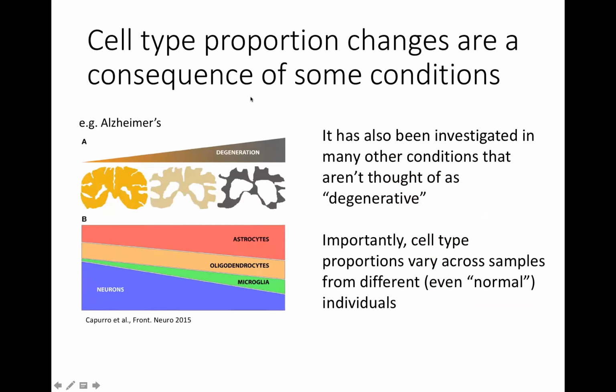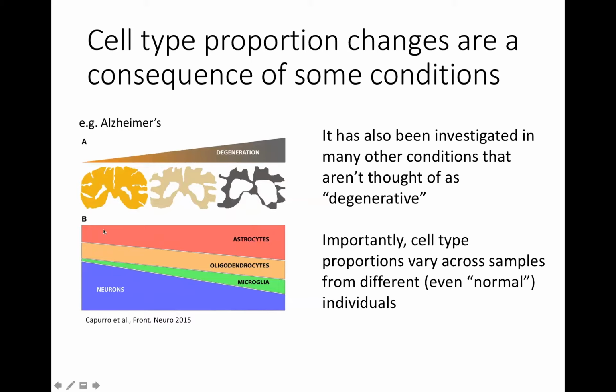And so the key thing to think about for why cell types might be interesting is, first of all, there are a few things. One of them is that cell type proportion changes are a natural consequence of some conditions that we're interested in. For example, in Alzheimer's disease, as neurodegeneration progresses over time, there's obviously a loss of cells, but importantly, this is not something that happens uniformly across the different types of cells.